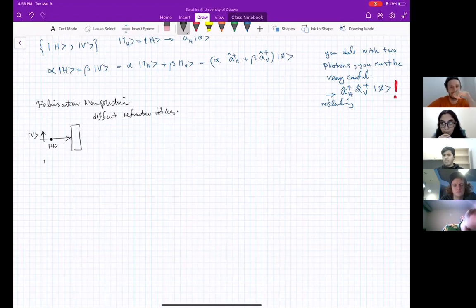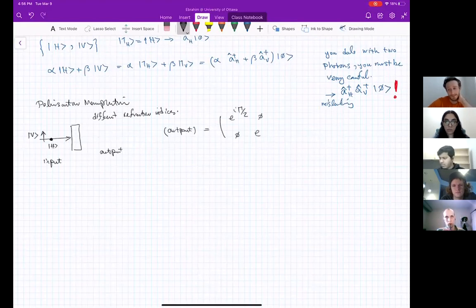So input and output are linked together. The output polarization is given by e to the i gamma over 2, 0, 0, e to the i gamma over 2 with a negative sign, times the input state. This is the action of a wave plate.